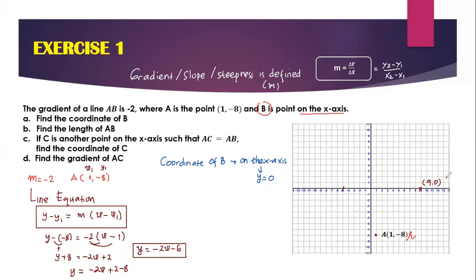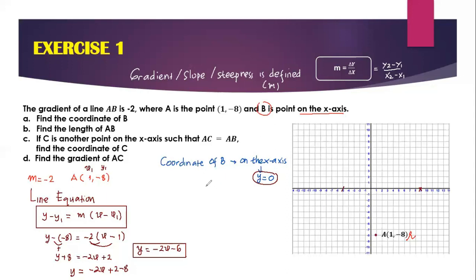That's the conclusion: when a point lies on the x-axis, it means y equals 0. Clear to you? Remember?